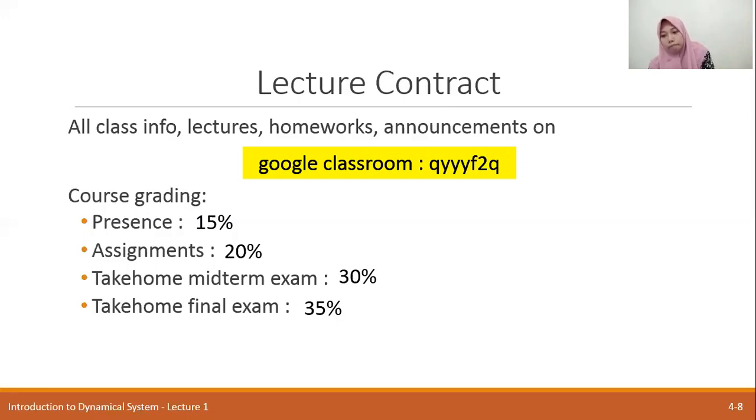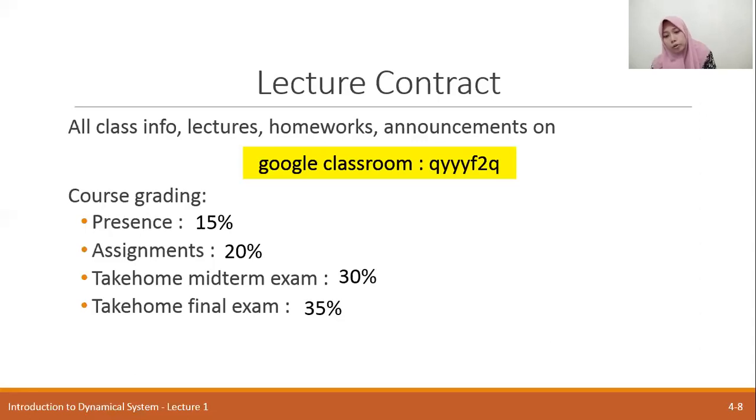Yeah. And now we have course grading. So these are our course requirements. Because almost all our lectures will be online since it is still the COVID-19 pandemic, I give you a larger percentage for the questions.